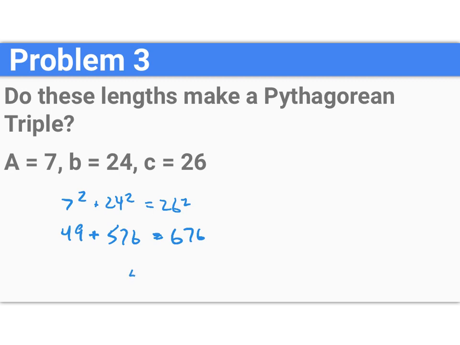And 625 is not 676. So this does not make a Pythagorean triple. No, not a Pythagorean triple.